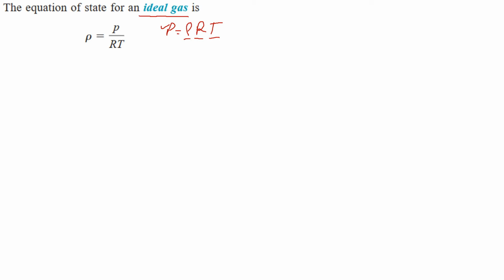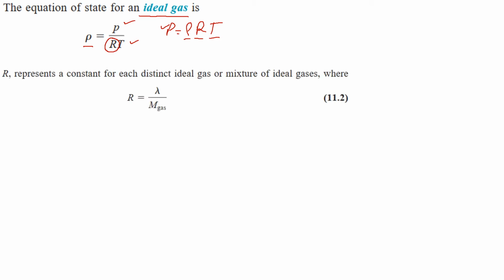Now that we are accounting for the change in density for a particular gas, the pressure and temperature will also change, and then we are going to put a specific value of R that is constant for each and every gas. R represents a constant for each distinct ideal gas or a mixture of ideal gases, and that R is again a ratio of two things.